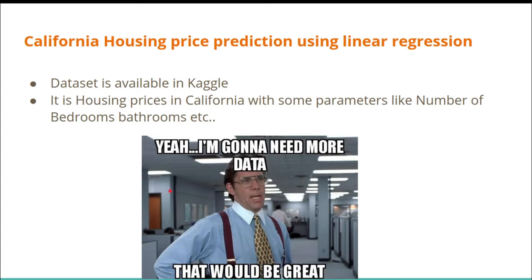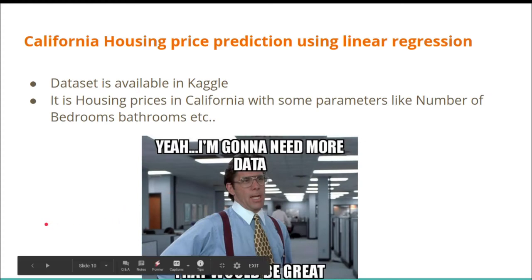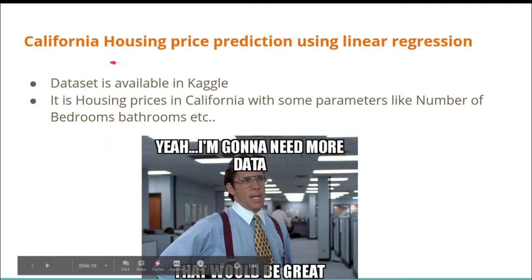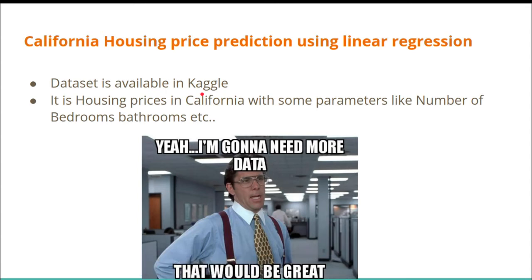And now it's time for our live demo of linear regression. Okay, so this is the California housing price dataset that we discussed earlier. I found this dataset on Kaggle, and I will put the link down in the description so that you can try it yourself.